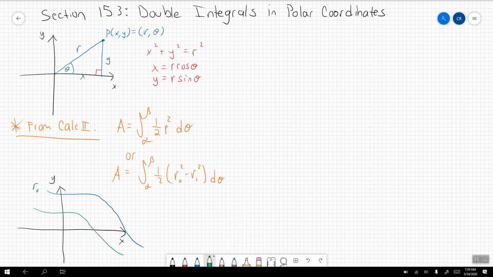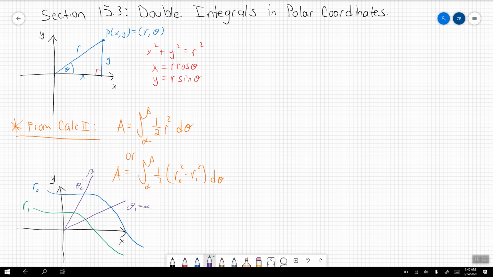Alright, and I have some other function here, call this r1, and this is all in polar coordinates. And what we're going to do is go bounded between two different angle measurements. Call this theta 1 and theta 2, or better yet, we can call this alpha and we can call this beta.